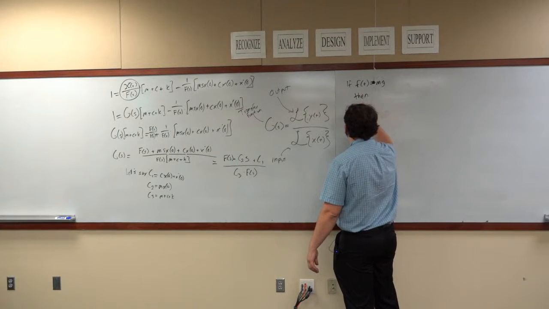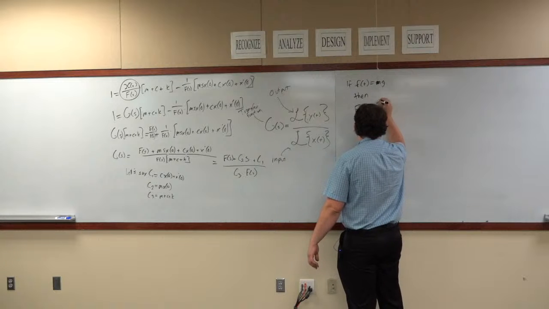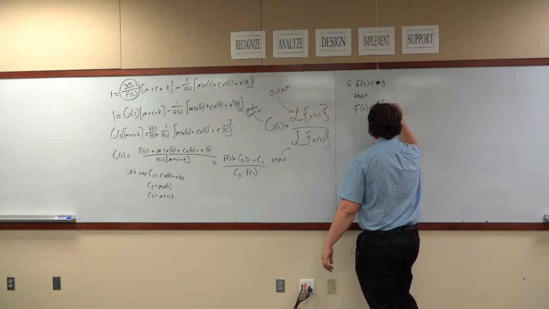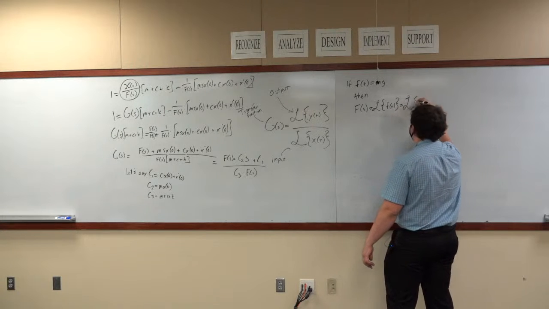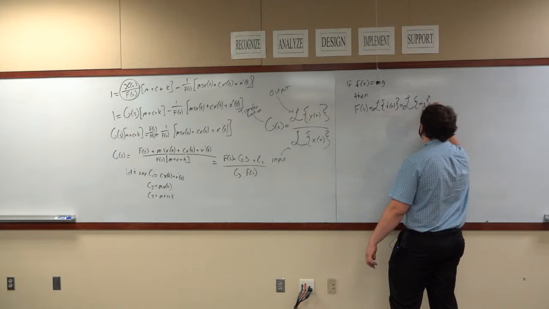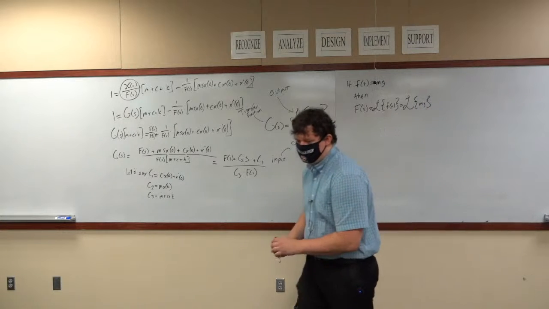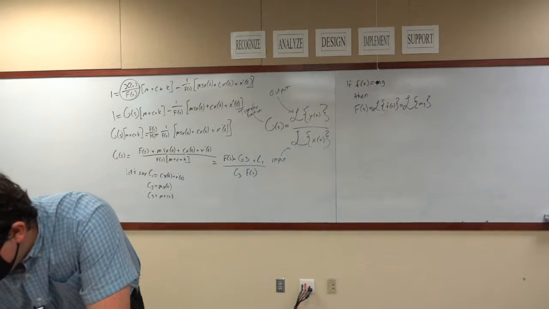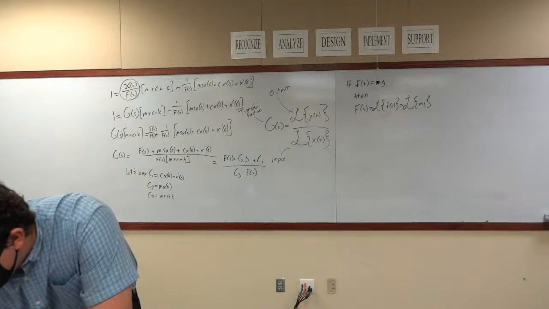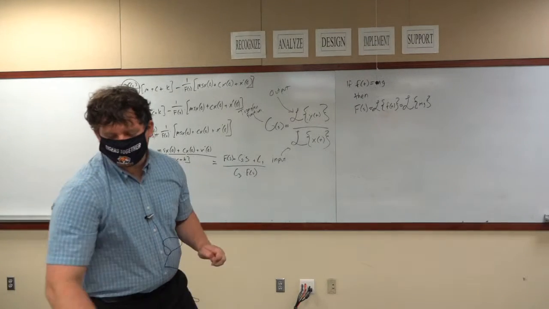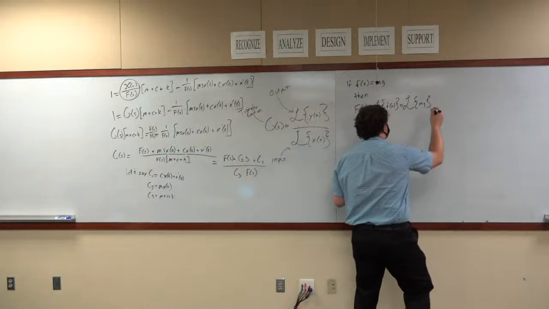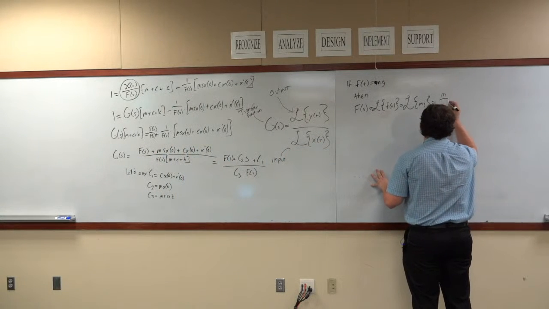Then F of s is equal to the Laplace transform of f of t, which is the Laplace transform of mg, which is a constant. So if we go back to the table that Brandon so nicely provided, the Laplace transform of a constant is equal to 1 over s.